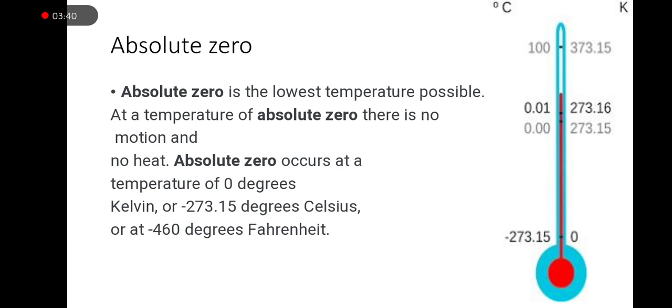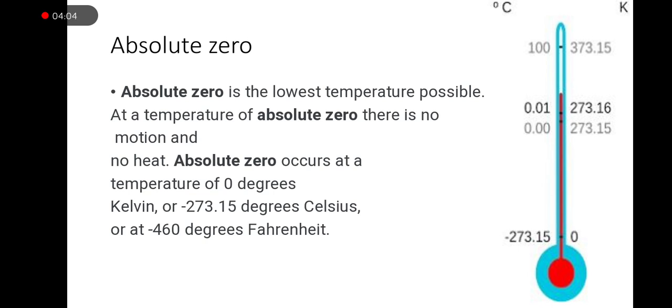As they lose energy, they move about less. This change in energy is what heat is. If anything is cooling down, it means the movement of the particles is becoming slow, until they stop moving altogether. The temperature at which the particles stop moving is called absolute zero.